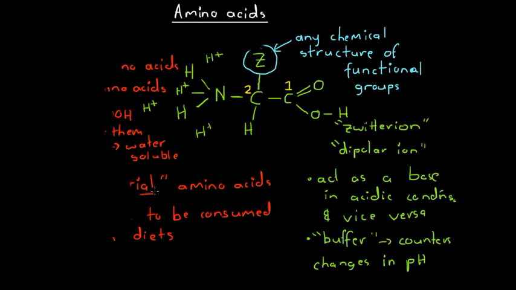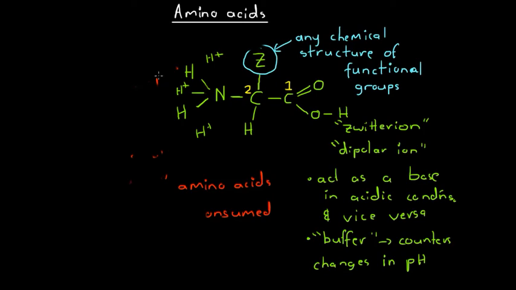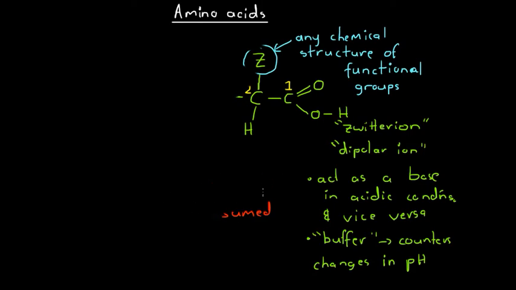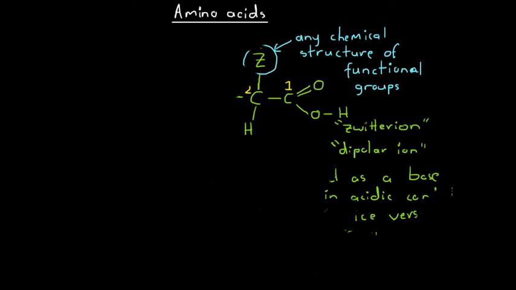So amino acids are often slightly more complex versions of the basic organic molecules that we're used to dealing with, depending on the nature of our Z group. Our Z group can often get very complex and be difficult to deal with when we're using traditional ways of naming our organic molecules.